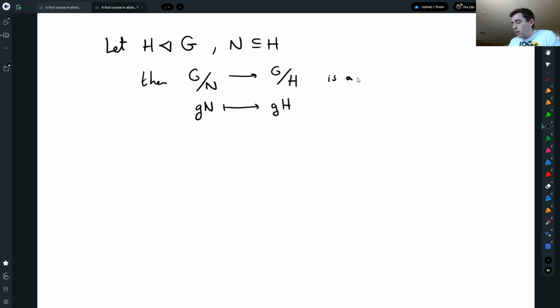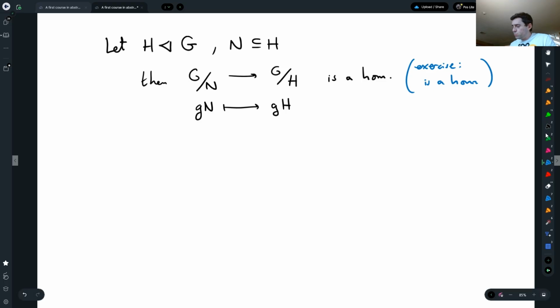I'm going to leave that as an exercise. This is an interesting exercise, you know, this exercise tests that you understand what quotients and homomorphisms are. So check that this is a homomorphism.